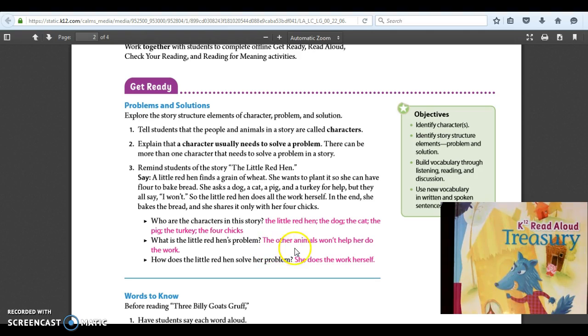Okay. The other animals won't help her do the work. Remember, she asked them all to help her out, and every time they said, "I won't." Okay, last question. How does the little red hen solve her problem? How does she solve her problem? If you told your learning coach she did all the work by herself, then you would be correct. That's how she solved her problem.